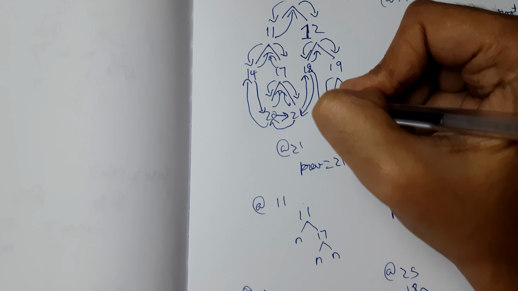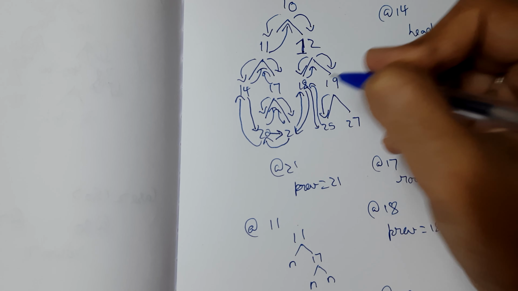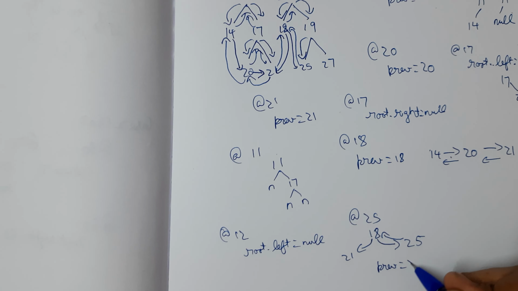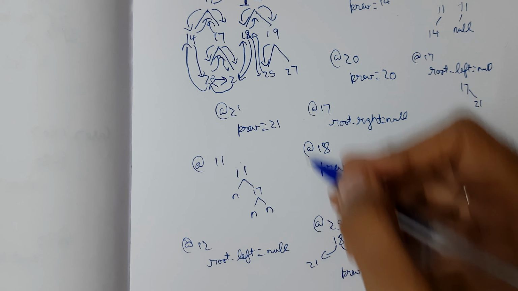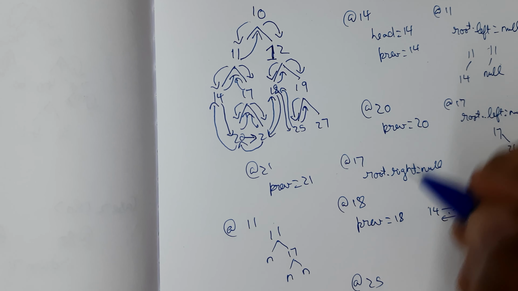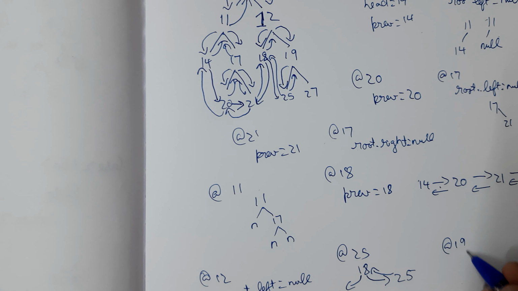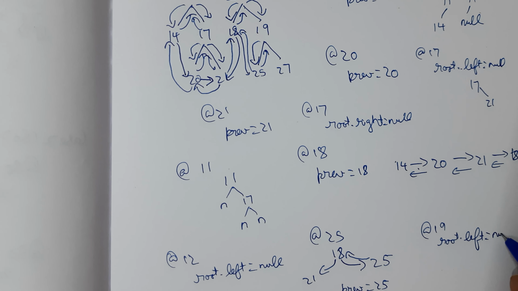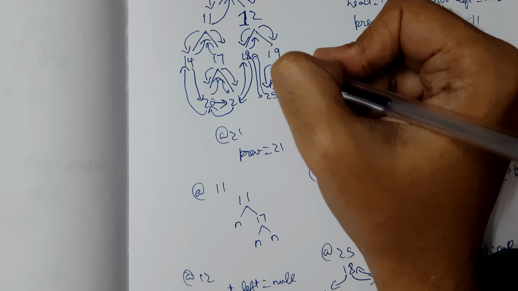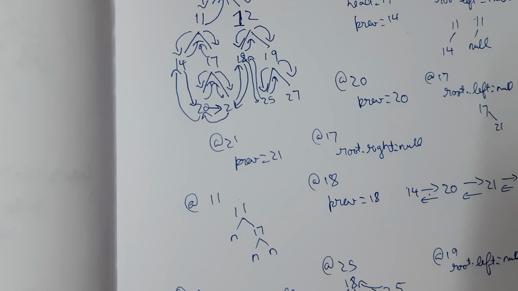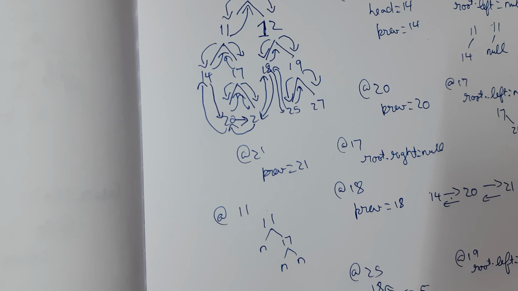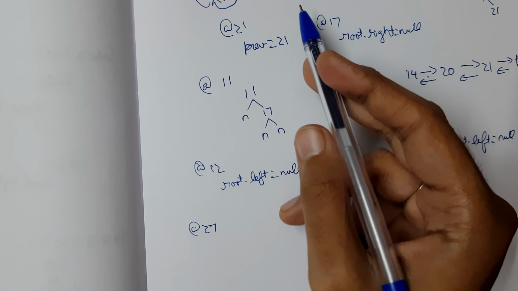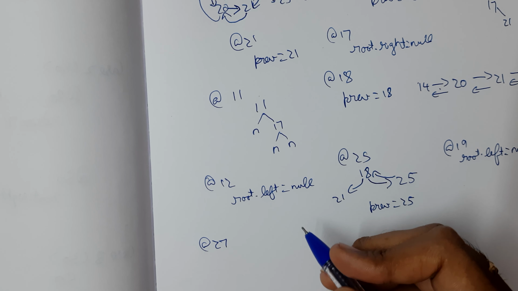And the value of previous at 25 now becomes 25, and we return a null value back to 19. So at 19, the root dot left value is null. We now go to the right subtree of 19 and see if there are any leaf nodes. So at 27, 27 is a leaf node and the value of previous is 25.